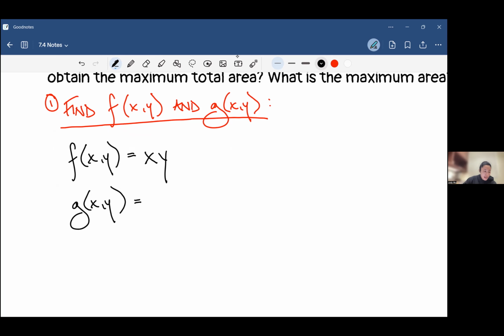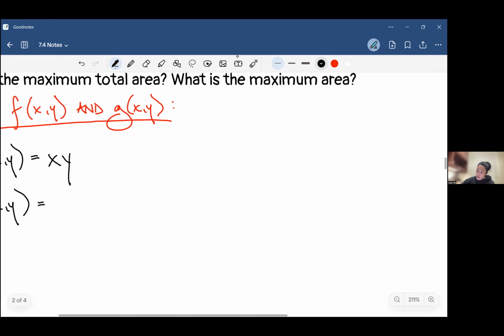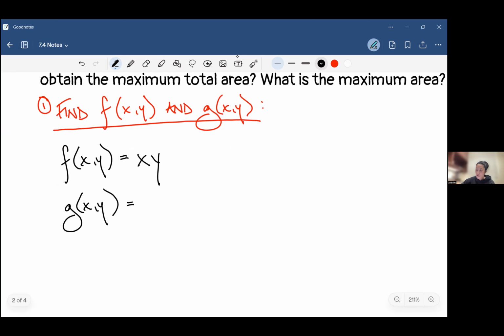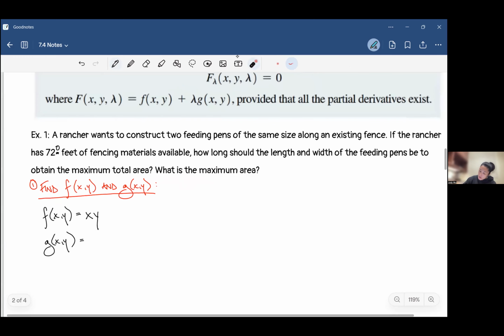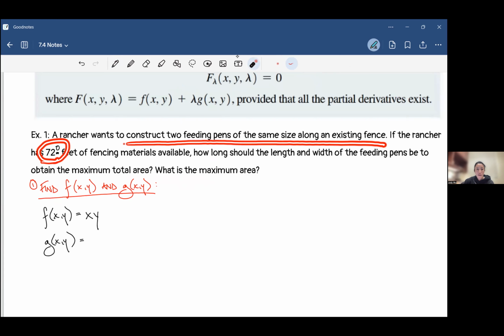Our g of xy comes from the perimeter part, where we have two feeding pens of the same size along the existing fence, and we only have 720 feet of fencing.